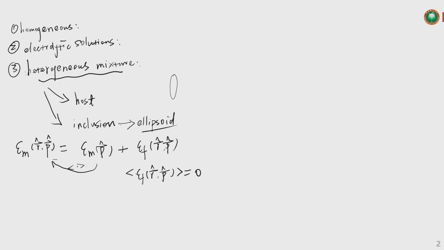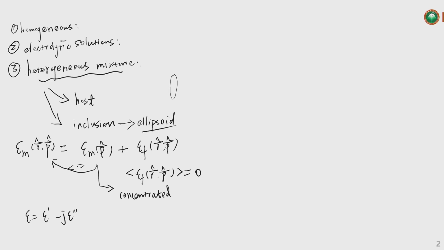So for our calculations, we first take the mean value. We concentrate on this term, the mean value of it, which we can also call the average relative dielectric constant of a mixture. The dielectric constant can be separated into two parts, right? The real part minus the imaginary part.